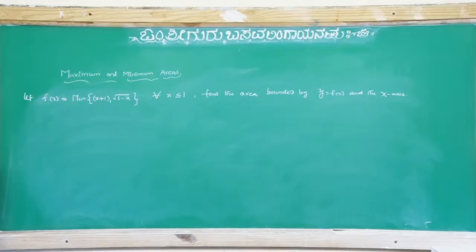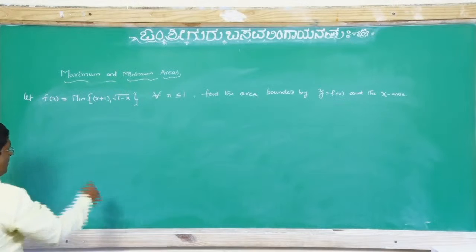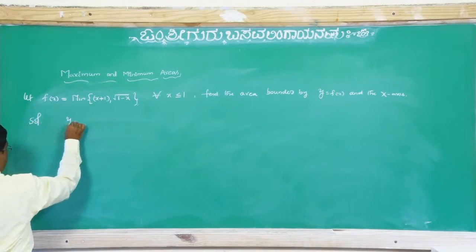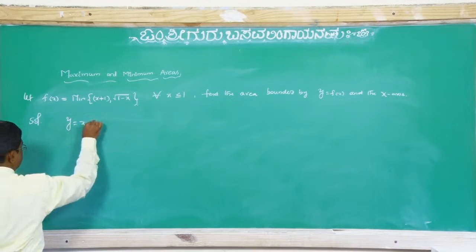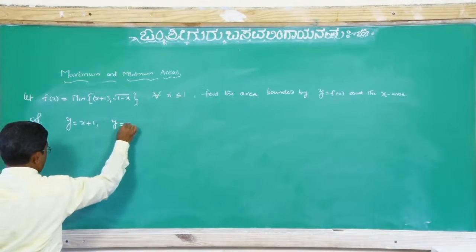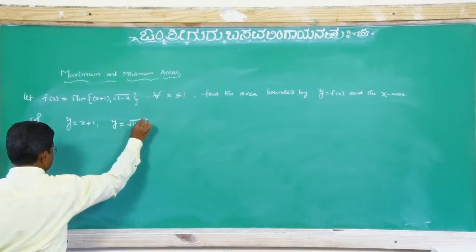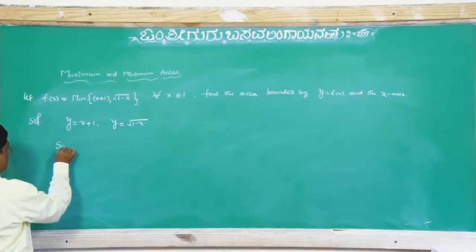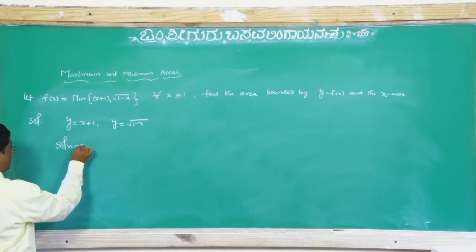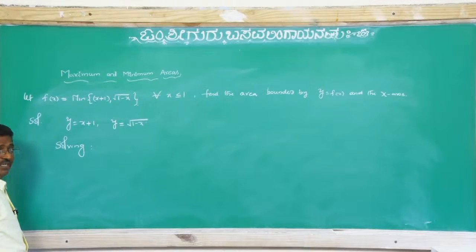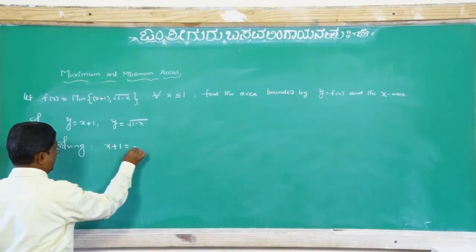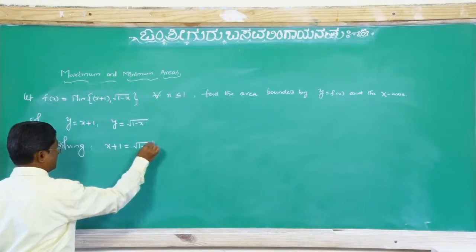Only the graph is important. First of all, write, let us assume y is equal to x plus 1 and y is equal to root of 1 minus x. Solving the two curves, we get the point of intersection. Equating y, x plus 1 equal to root of 1 minus x.